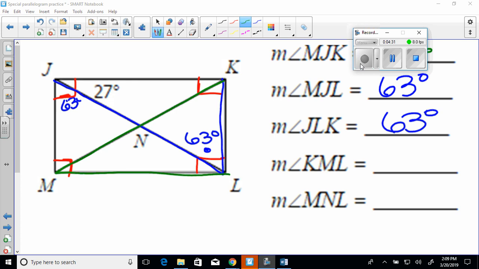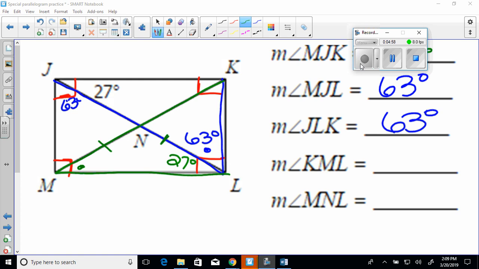Okay. And so how are we going to figure out this angle here? Well, if this angle is 63 over here, I know this one is also 27. We got alternate interior, or we know the fact that these two have to add up to 90. Because the diagonals are congruent and the diagonals bisect each other, that means this piece of the diagonal is congruent to this one.